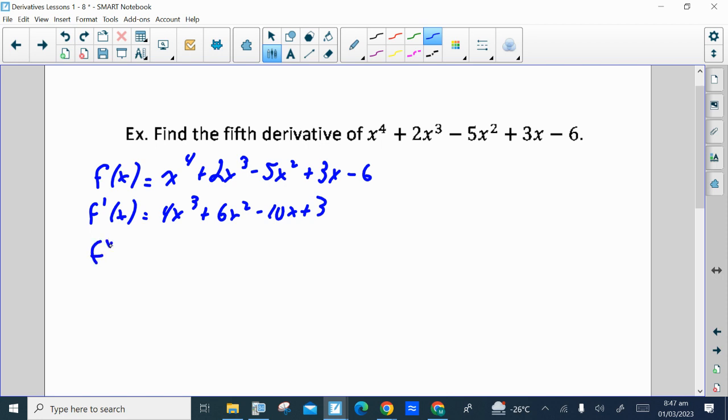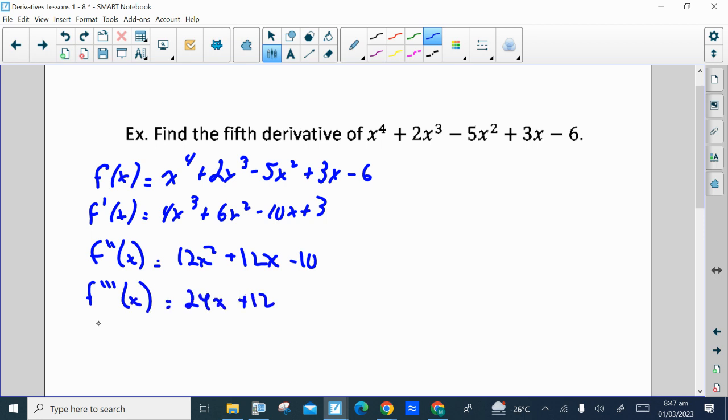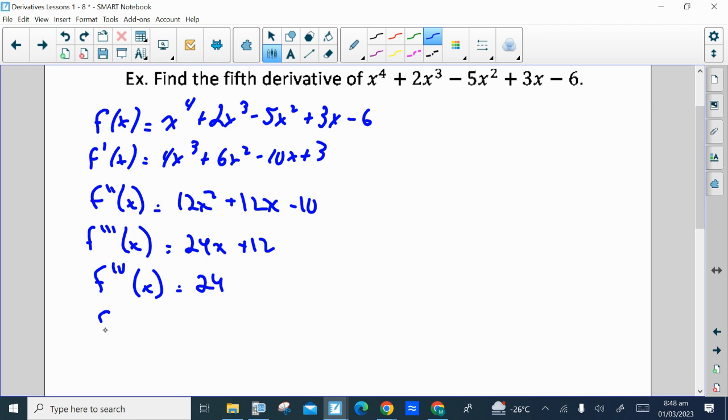Our second derivative, 12x squared plus 12x minus 10. Our third derivative would be 24x plus 12. Our fourth derivative will be 24, and then our fifth derivative will be 0.